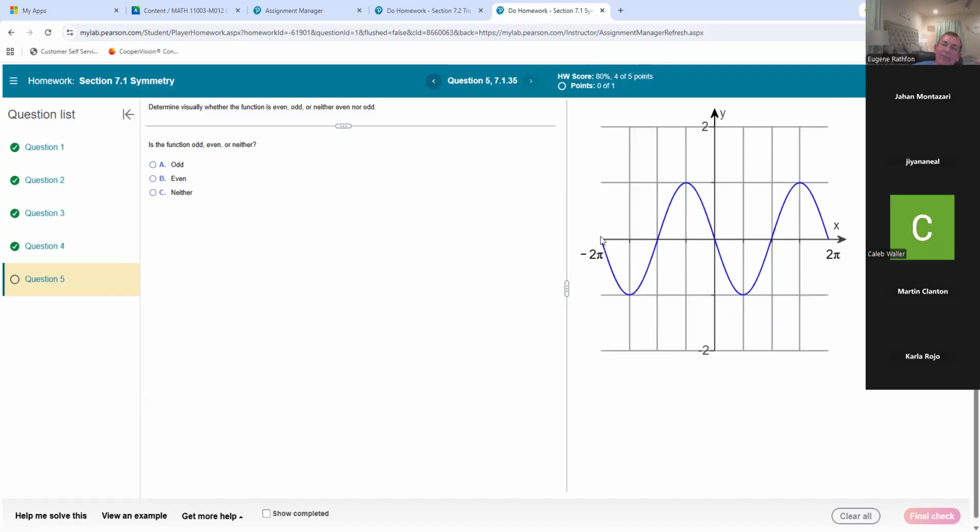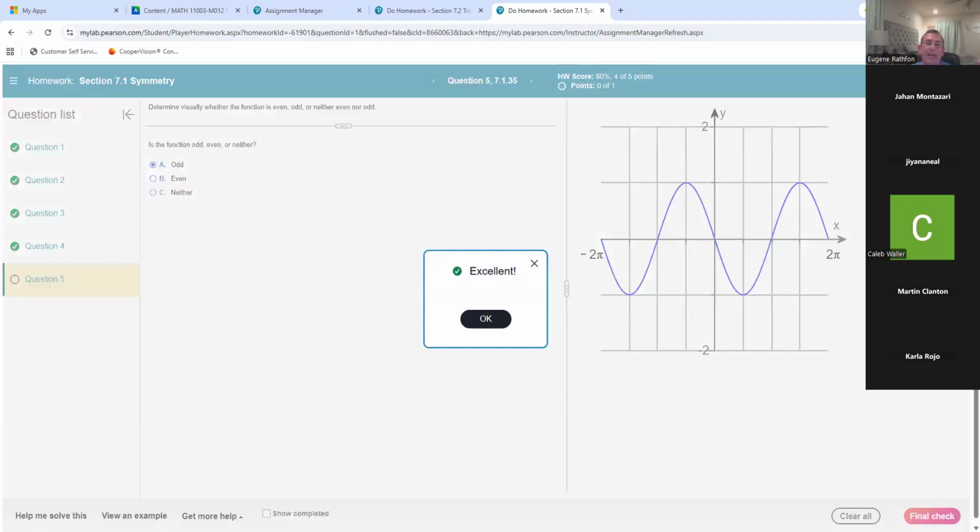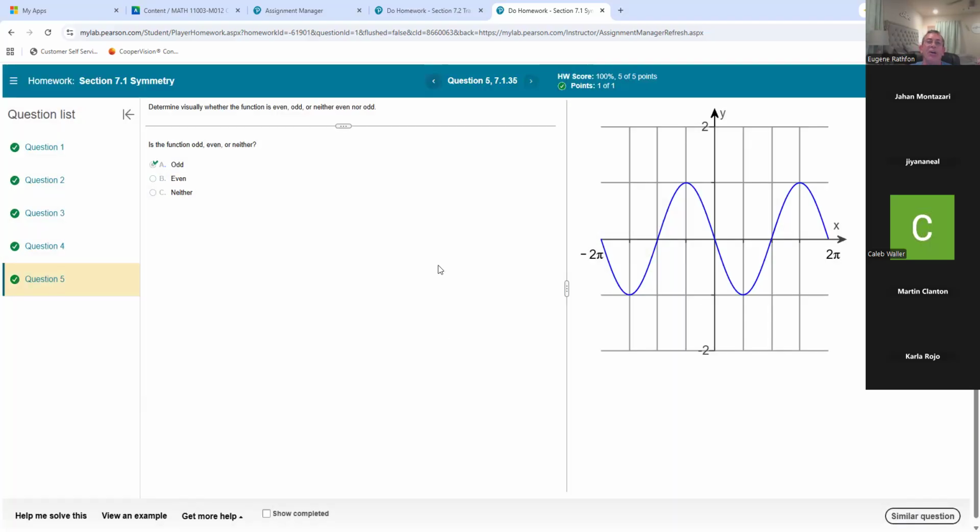Also, count how many times it's touching the x-axis. 1, 2, 3, 4, 5. So it is definitely an odd. Good job. And y'all, it touched it 5 times, which is an odd number also, okay? So y'all, then you would check that. And we're done with 7-1.